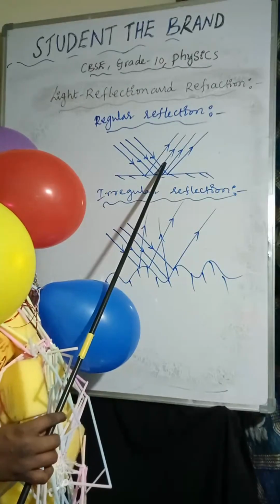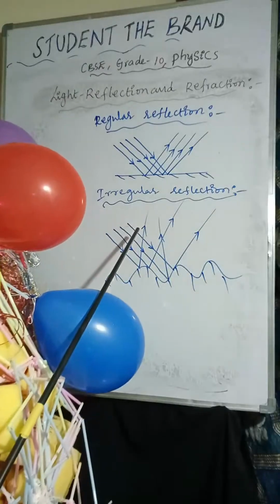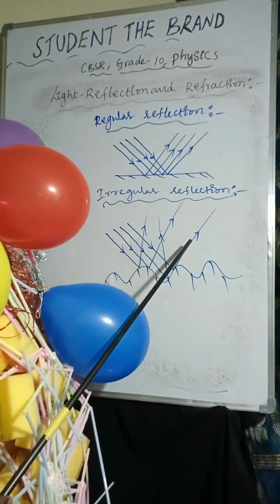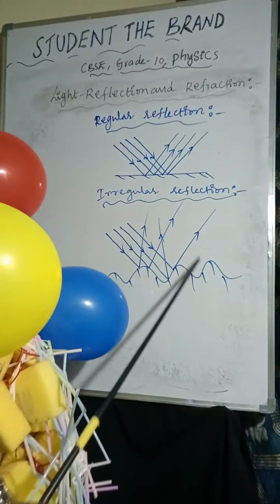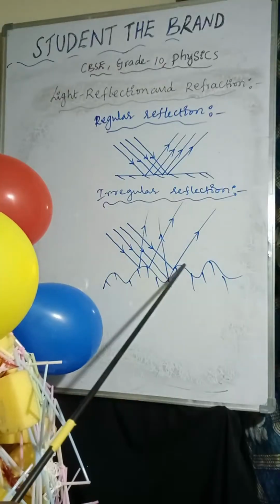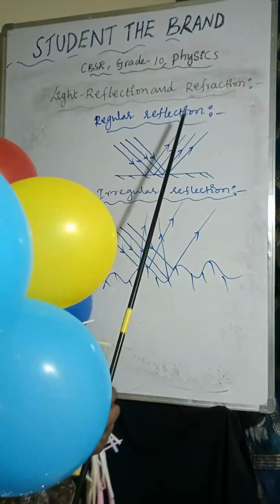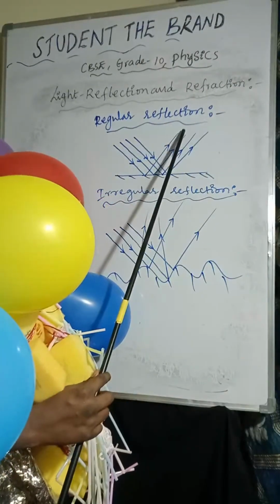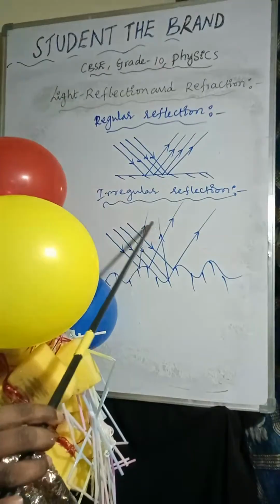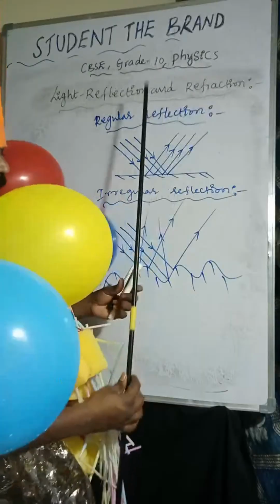Whereas in irregular reflection, incident light rays are parallel, but reflected light rays are not parallel to each other. Here you can observe light rays moving in different directions.